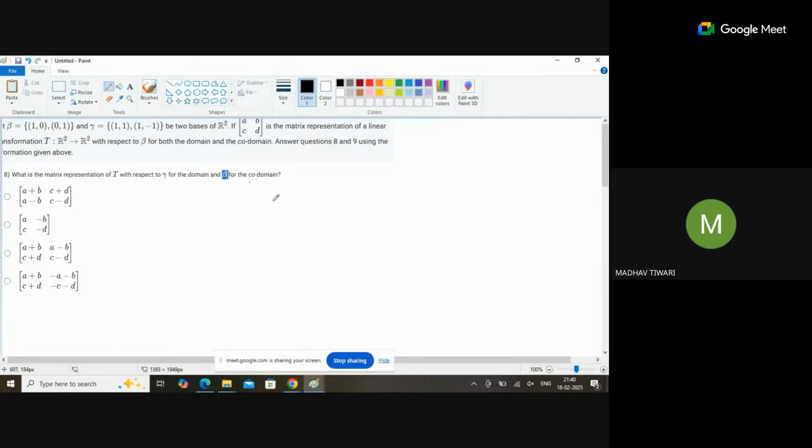Okay, that's fine. If I transform 1 comma 1, I can say that it is A times 1 comma 0 plus C times 0 comma 1. And if I transform 1 comma minus 1, what will I get? B times 1 comma 0 and D times 0 comma 1. So what I have to write down is the matrix representation of T with respect to this. Okay, that's fine.